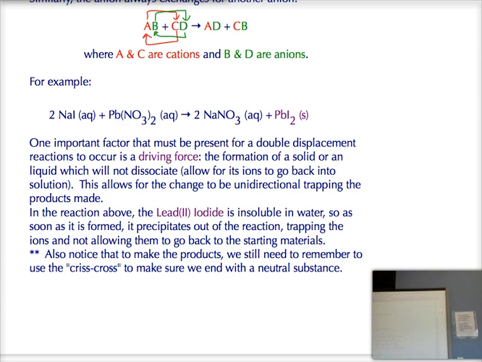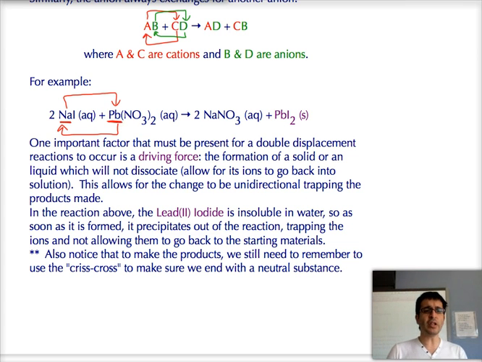Okay? So first of all, let's look at what's going on in terms of anions and cations. Both the sodium and the lead are cations, and so those are the ones that are going to exchange places. The sodium is going to come in and push the lead out. The lead is going to come in and push the sodium out.